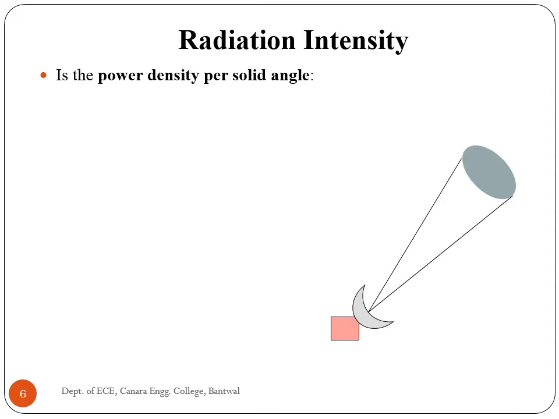That is, r square into half real value of E theta and H phi, which is equal to r square into half.